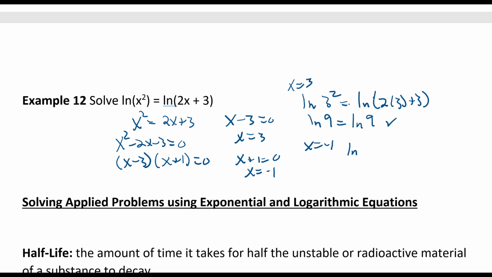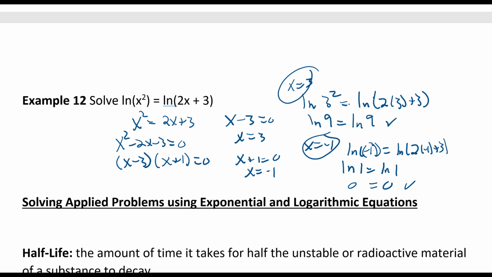Is the natural log of negative 1 squared equal to the natural log of 2 times negative 1 plus 3? That's the natural log of 1 equal to the natural log of negative 2 plus 3, which is 1. By the way, those are both 0. So yes, they both work. These are the solutions to our equation.